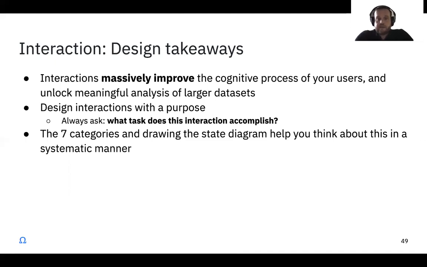We always need to design our interactions with a purpose. So we always have to ask what task this interaction accomplishes, and we have to ask this question for all of our interactions. The seven categories and drawing the state diagram will help you think about this in a systematic manner. So that ends this section of the lecture.